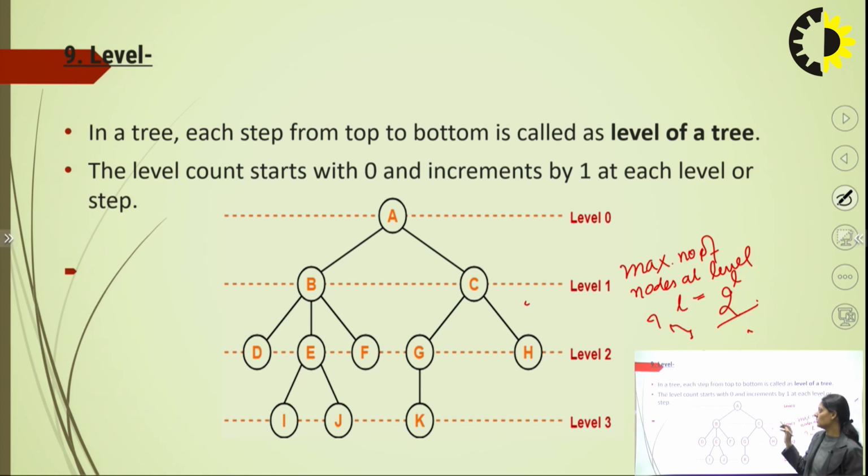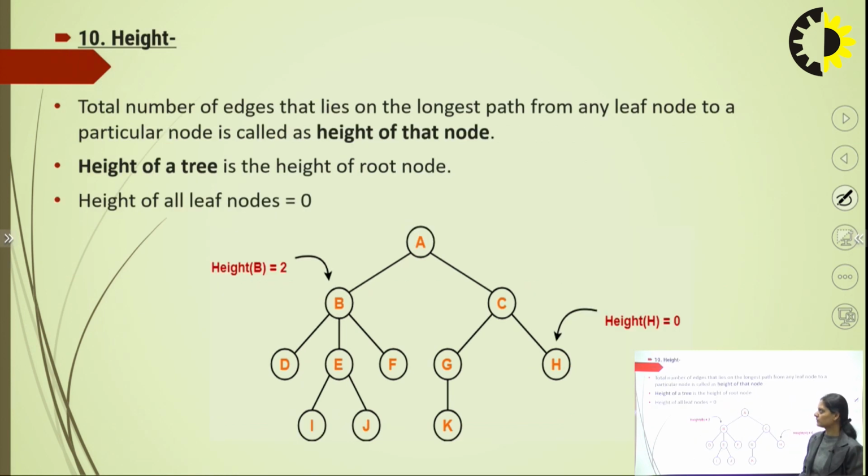Maximum number of nodes, in case the tree is a binary tree, then we can say that the number of nodes at level L is 2 to the power of L. So, we will see this later.